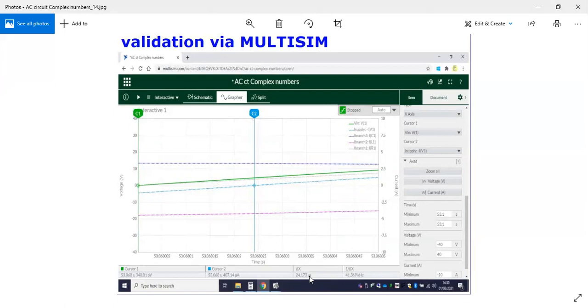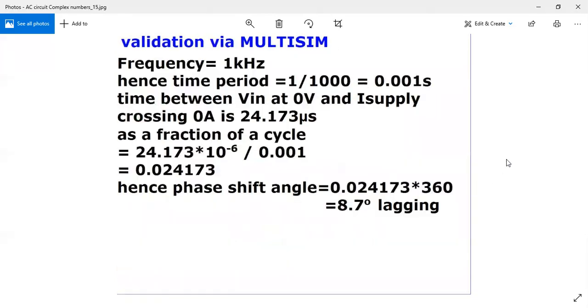Now, what we want to do is translate that into a phase angle. We have a 1000 hertz sine wave going in, which is 1 millisecond time period, which is 1000 microseconds.